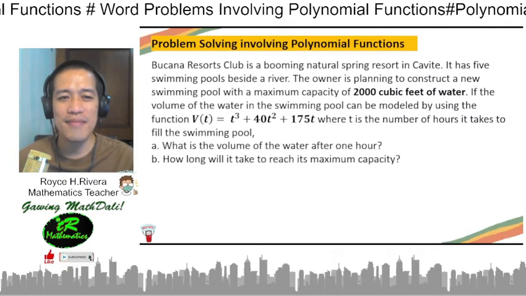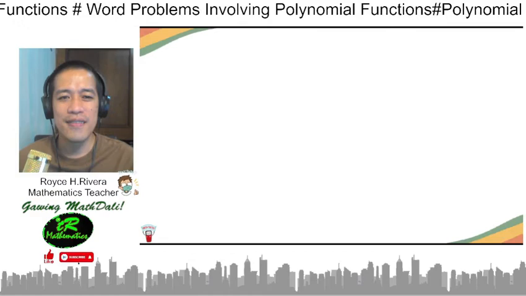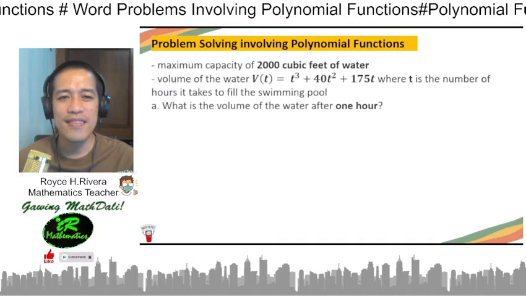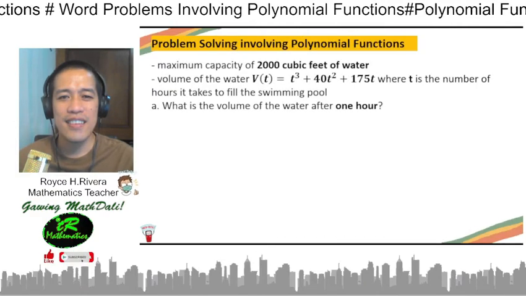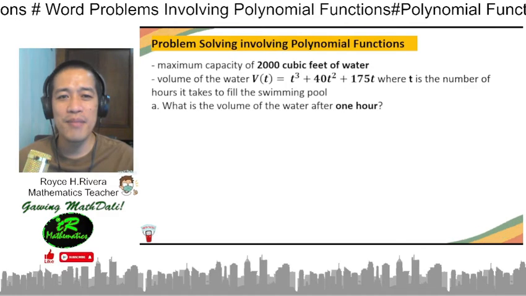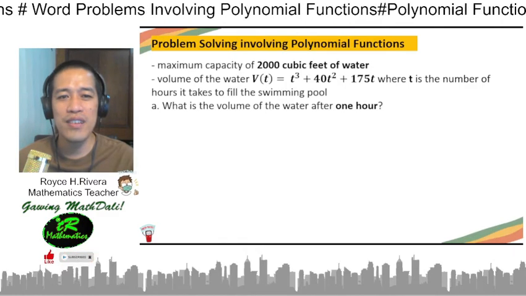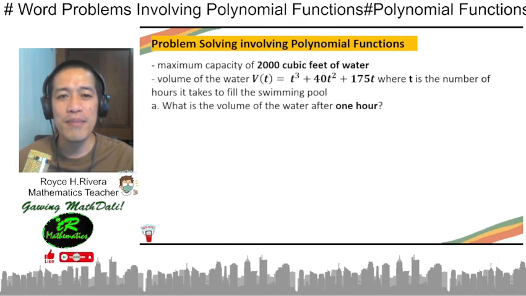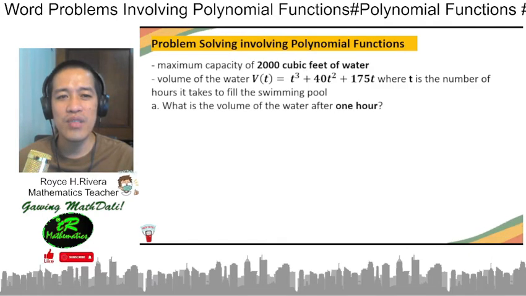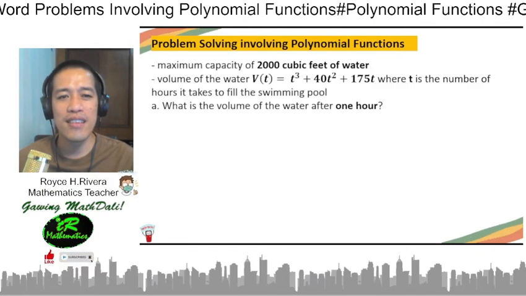Subukan natin. Alam natin that the maximum capacity of the new swimming pool to be built is 2,000 cubic feet of water.